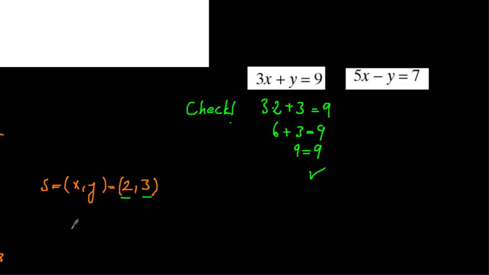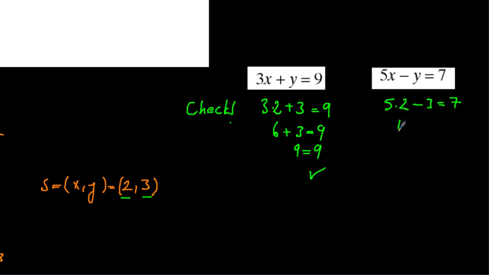In the second equation, let's try. 5 times 2 minus 3, is it equal to 7? Yes, 10 minus 3 is equal to 7.